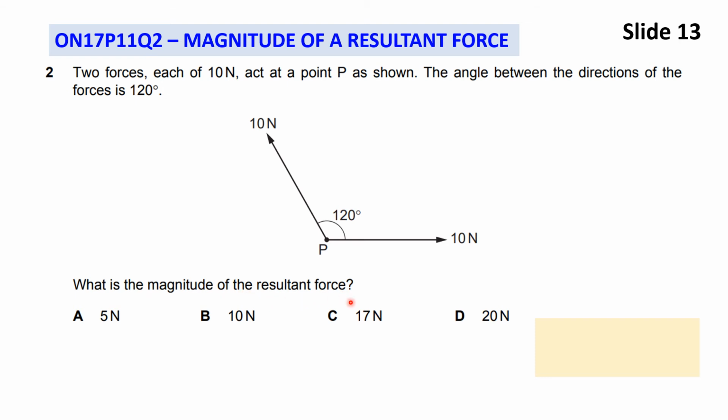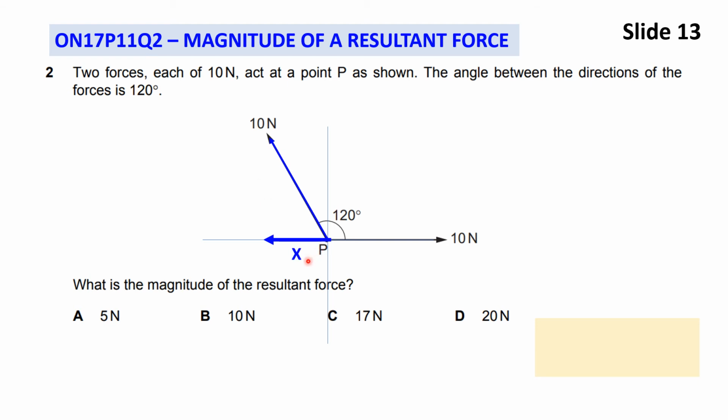So following the steps for the triangle method, first we are going to draw an XY grid right here. The second is, okay, the 10 newtons is aligned with X, but this 10 newtons is not. So we need to calculate the components X and Y for this force.